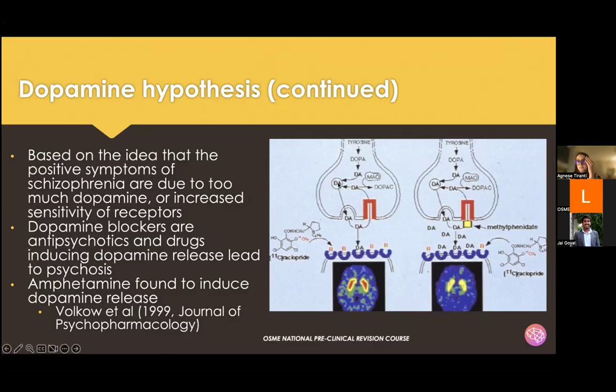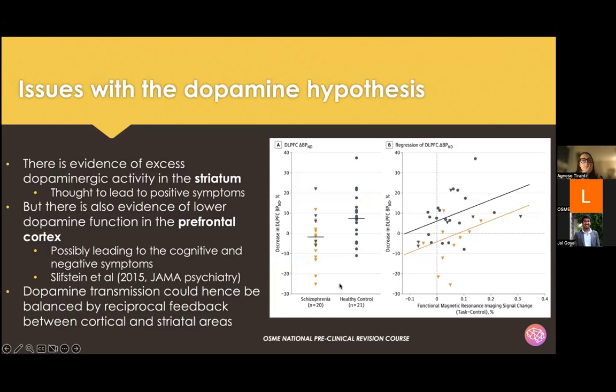Simple paper, quite good. However, of course, there are issues with this hypothesis. So there is evidence of increased dopamine in the striatum, but similarly, patients with schizophrenia have decreased dopamine in the prefrontal cortex, which led to the hypothesis that increased dopamine in the striatum gives the positive symptoms, and decreased dopamine in the prefrontal cortex leads to the cognitive and the negative symptoms.